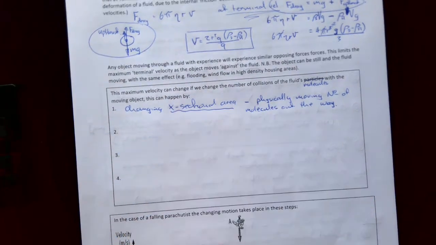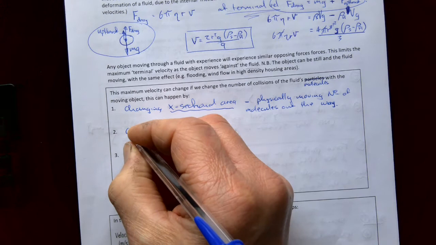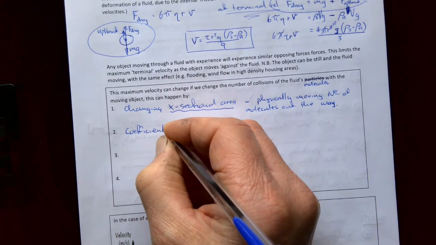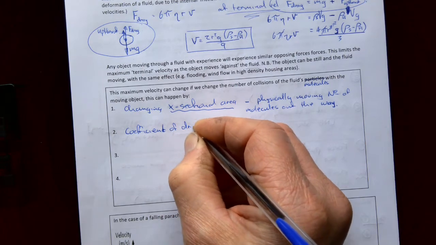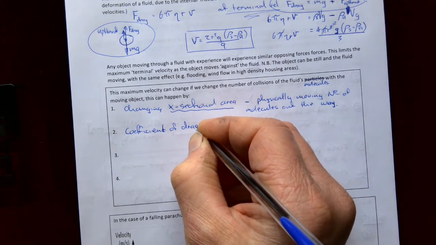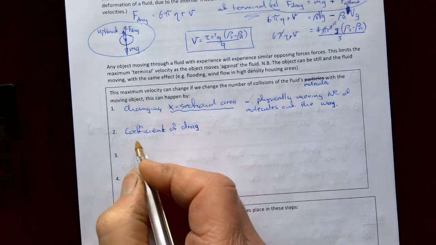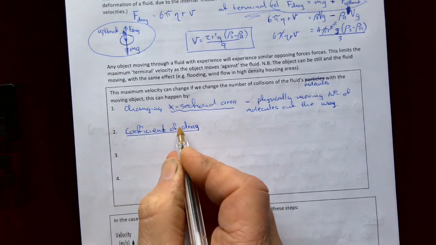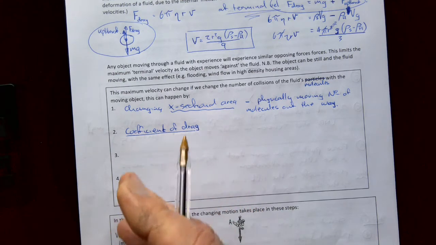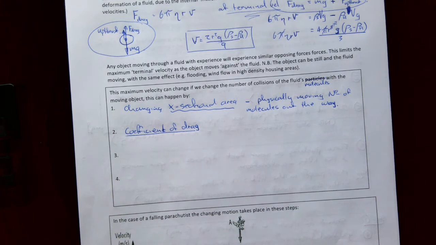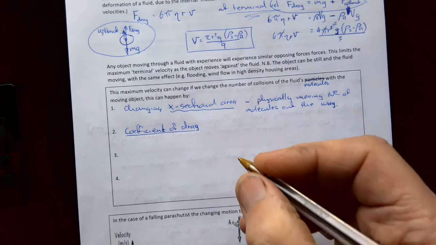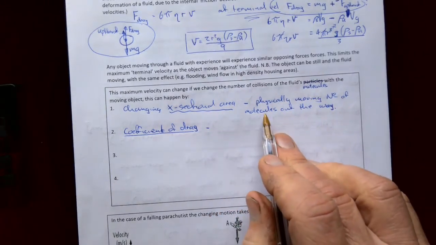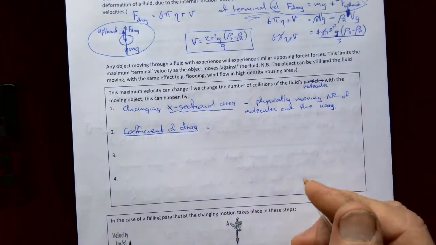The other big one, other than that, is the coefficient of drag. Now, a lot of languages, like European languages, for example, often talk about coefficients. We tend to use it a bit less in the UK, but it just means fraction. So it's a fractional value that determines something. So coefficient of drag is basically not how much you have to move out of the way, but how well you can move it out of the way.